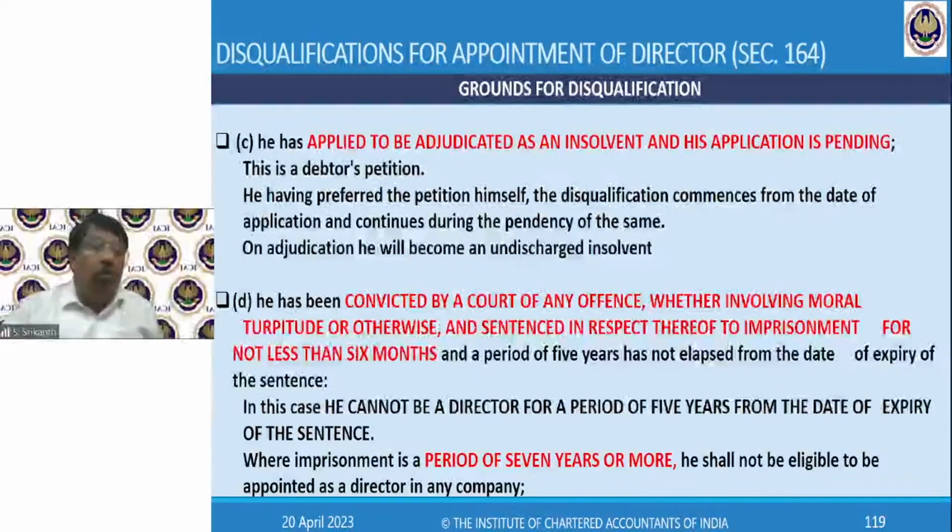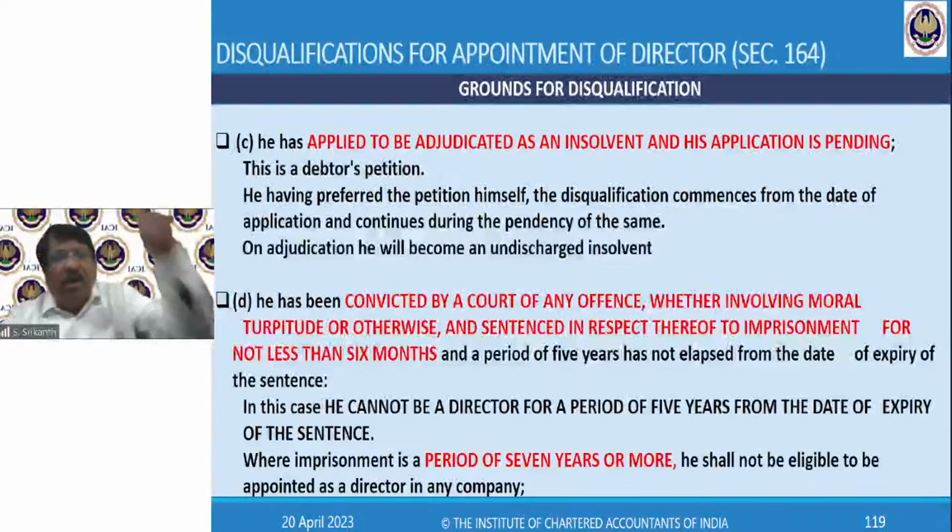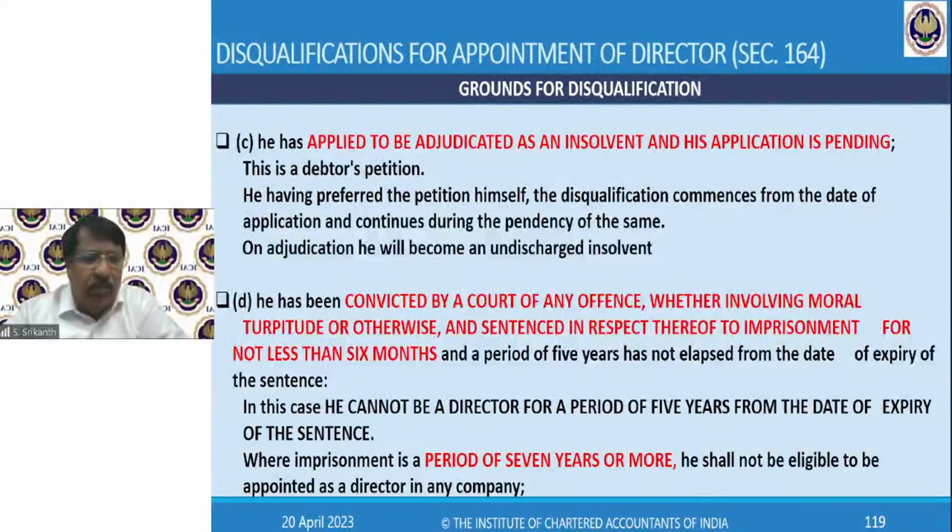Because in the old law, only an offense involving moral turpitude was covered. Now they are relaxing it. No need. Moral turpitude means some kind of fraudulent intention, where the offense is committed with fraudulent intention. Are you able to understand? So, Section 420, cheating, stuff like that are moral turpitude.